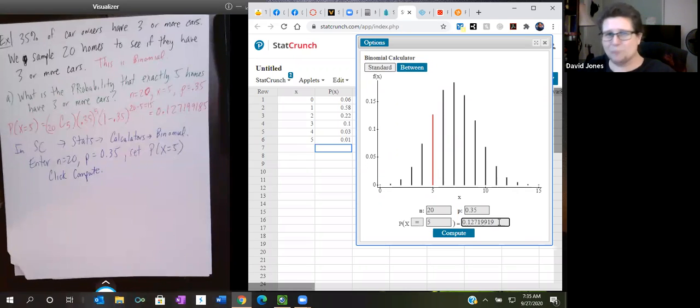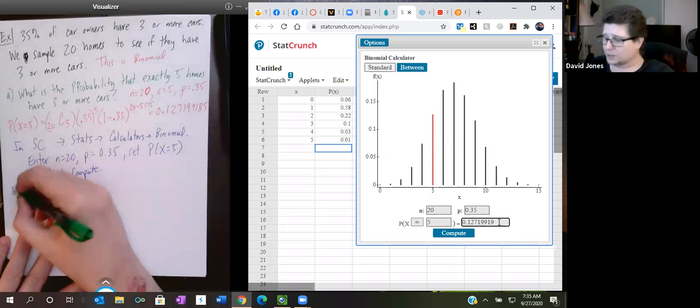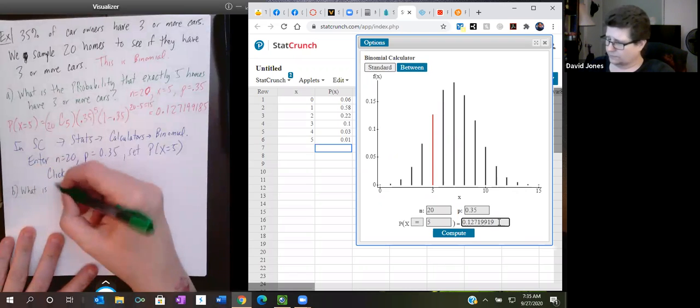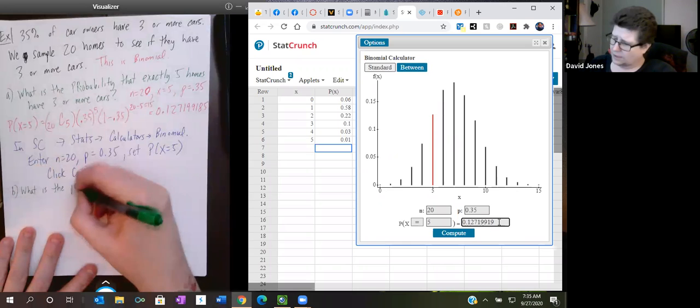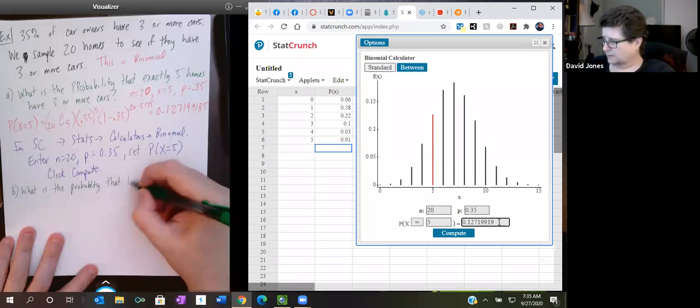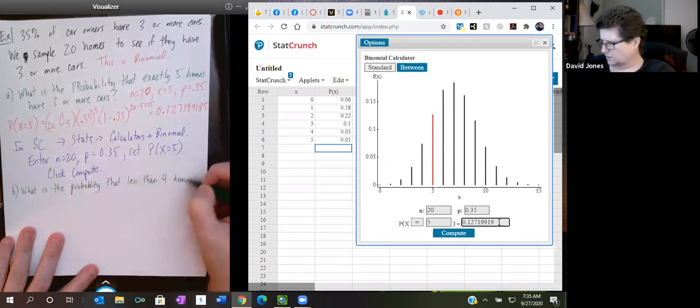What if it was more challenging though? What if I say, what is the probability that less than 4 homes have 3 or more cars?